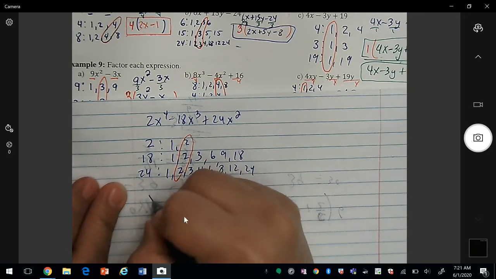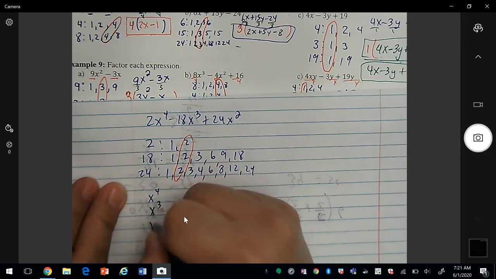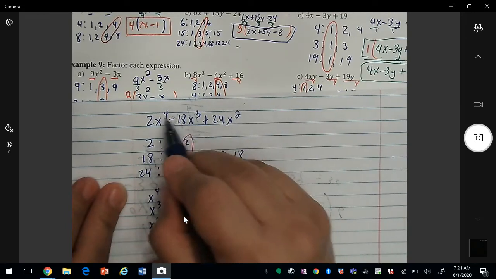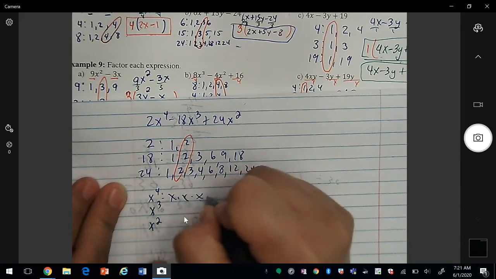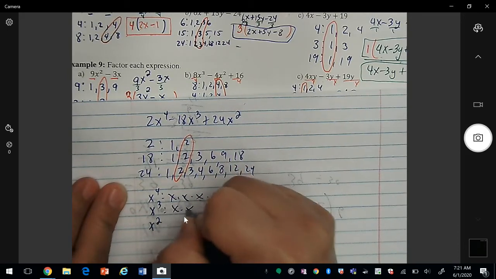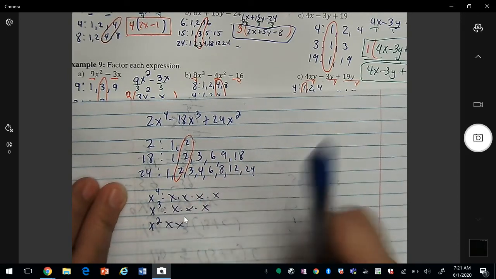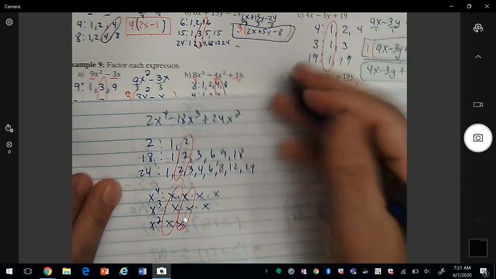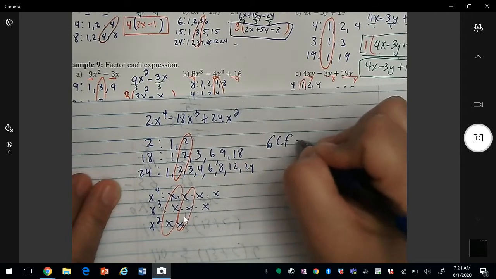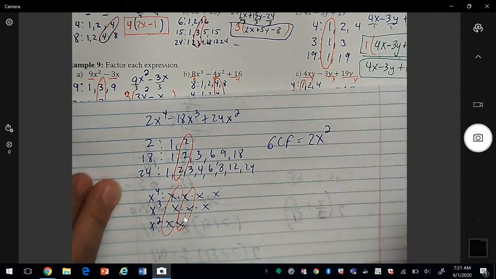And then for the x's, we have x to the 4th, x cubed, and x squared. So again, you have a 4, 3, and a 2. That means that 2 is the one that we'll be using, the smallest exponent. And the reason is that if we write it this way, we can only circle 2. So my greatest common factor is 2x squared.